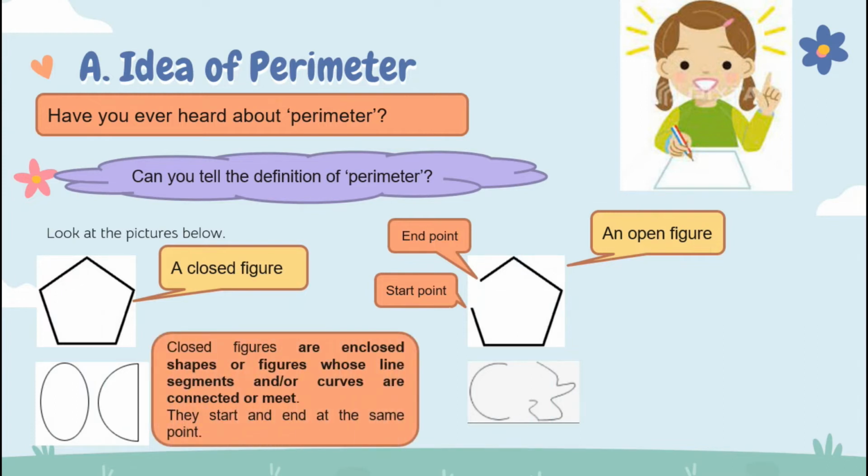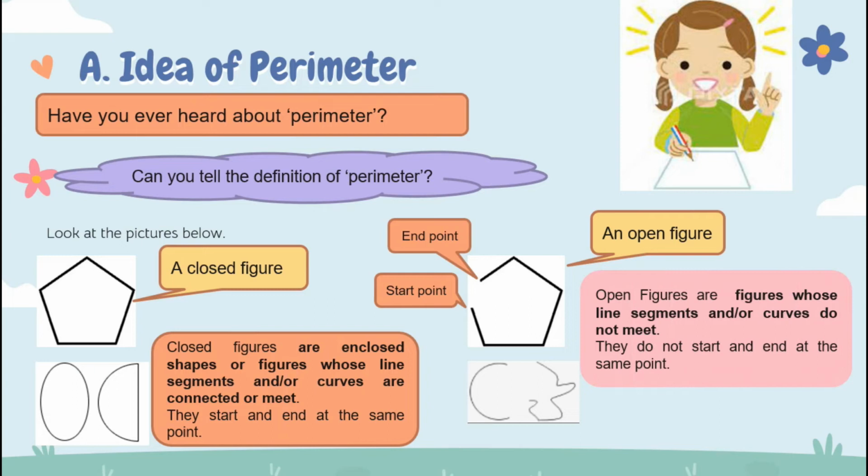So the definition of closed figures are enclosed shapes or figures whose line segments and or curves are connected or meet. They start and end at the same point. And open figures are figures whose line segments and or curves don't meet. They don't start and end at the same point.